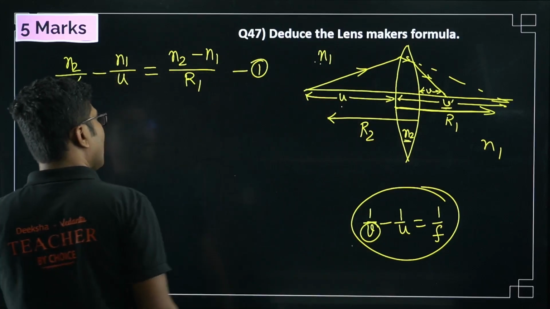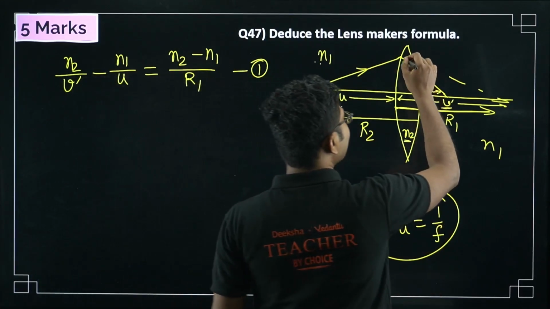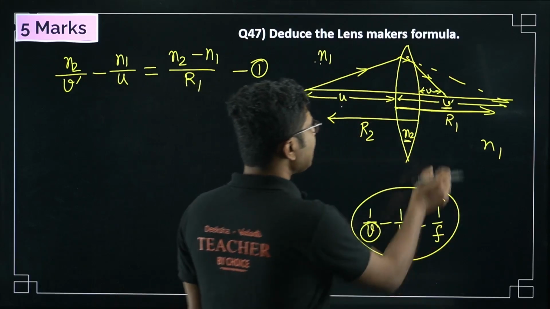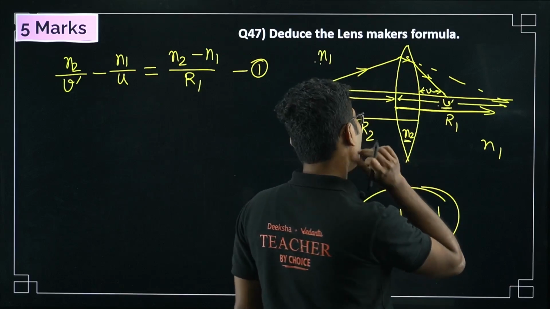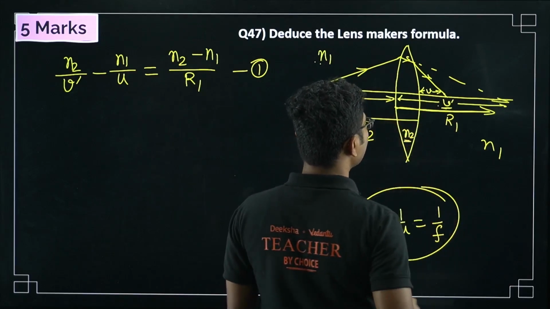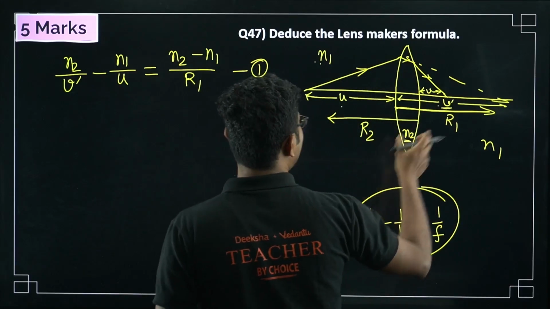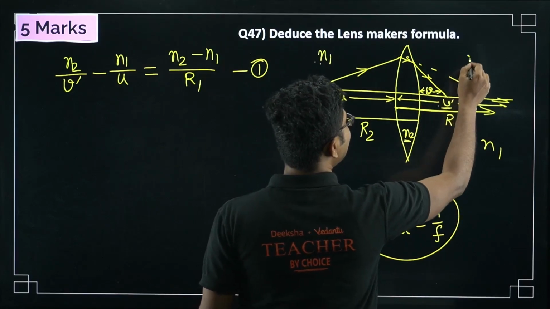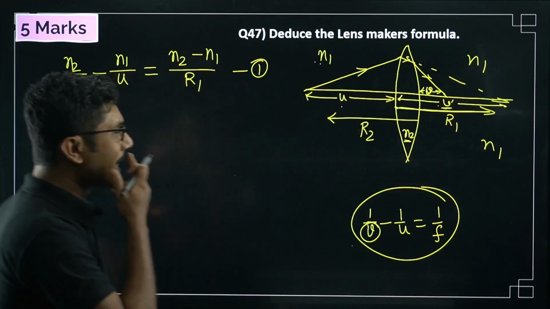Equation number 1. Now when the light is falling on the second surface, for this, u is v dash, and it is actually in n2, whereas the final distance is v. The final distance is happening outside.